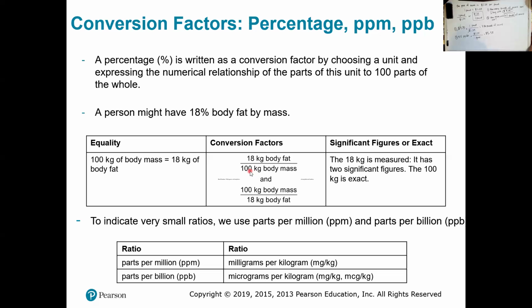Okay. When you want to turn something into parts per million, instead of multiplying it by 100, you'd multiply it by 1,000,000 or 10 to the 6. If you want to turn something into parts per billion, you'd multiply it by 1,000,000,000 or 10 to the 9. The other way that you can express parts per million or parts per billion is by using your prefixes to help you, so the units are 1 million units away from each other.